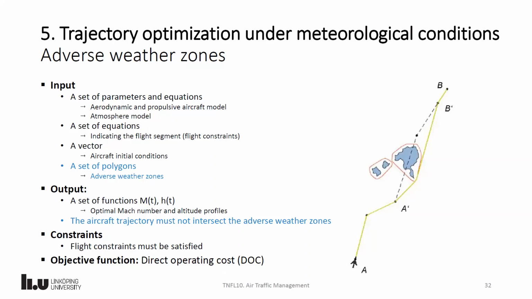How to deviate from those weather cells is again something that is not easy. It's a topic of current research. So if you want to know more, just go to the bibliography or ask me about it.